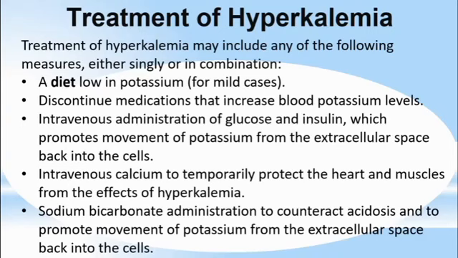A diet low in potassium for mild cases. Discontinue medications that increase blood potassium level. Intravenous administration of glucose and insulin, which promotes movement of potassium from extracellular space back into the cells. And intravenous calcium to temporarily protect the heart and muscles from the effects of hyperkalemia.